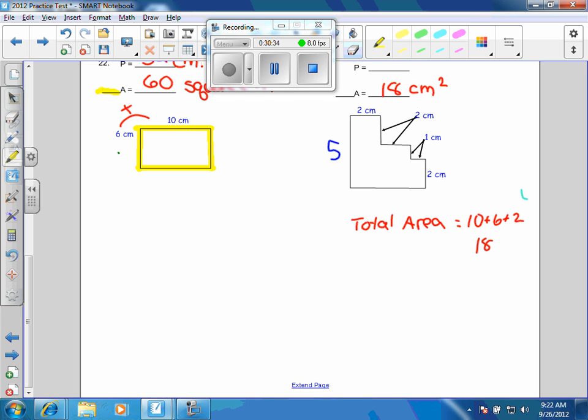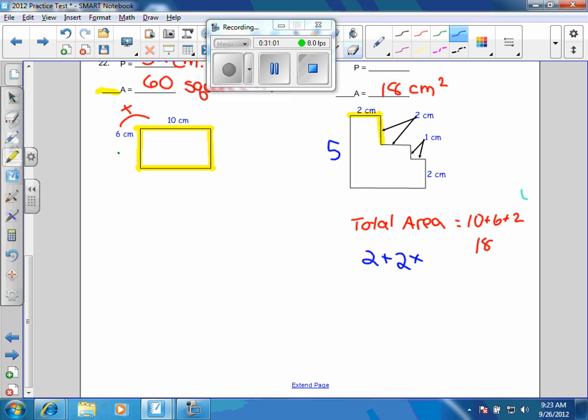So tell me how you do perimeter. Hang in there for a couple minutes, guys. Isabella, what's your approach? So she adds up both sides, so we're going to do 2 plus 2 here, right?